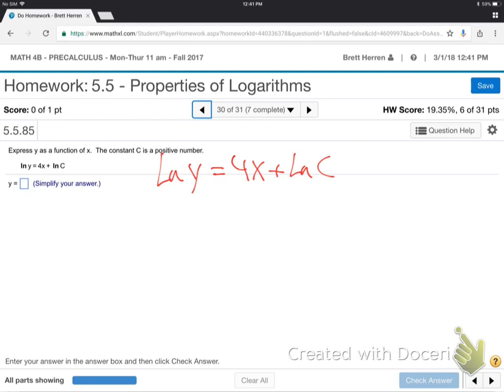Write 4x as a logarithm? How do we write 4x as a logarithm? Use it as a power of e. So ln e to the power of 4x.